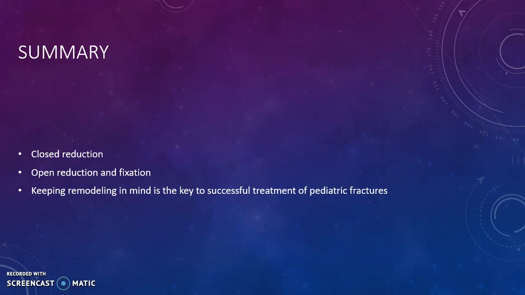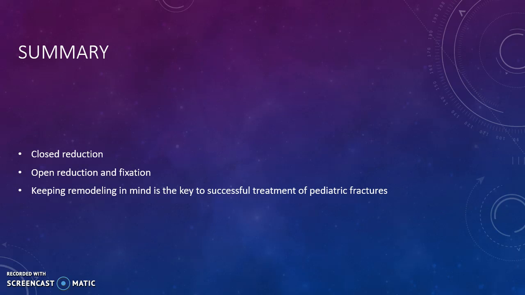In summary, closed reduction is the mainstay of treatment in pediatric bone. Sometimes we need to reduce the fracture and fix it with pins, plates, or intramedullary rods. Keeping remodeling in mind is the key to successful treatment of pediatric fractures.